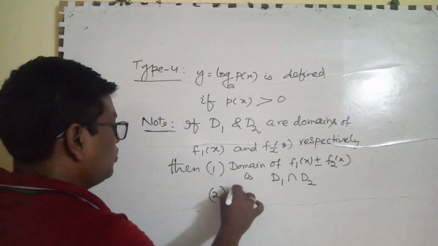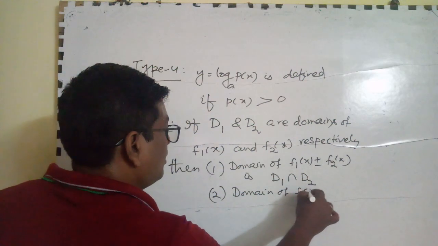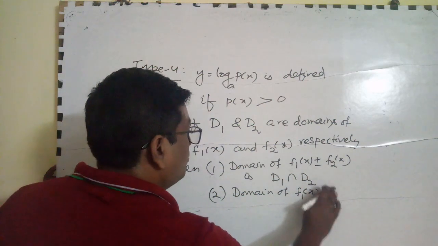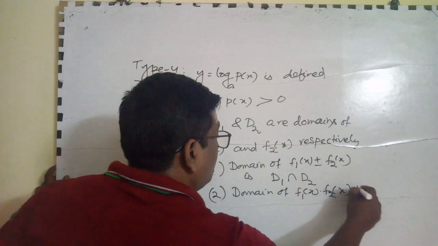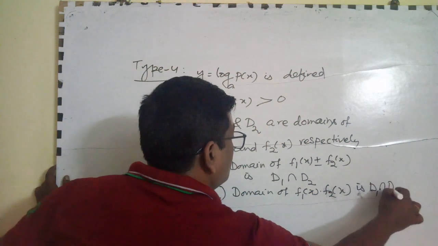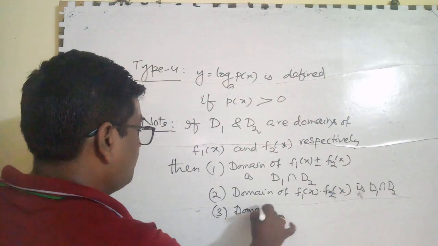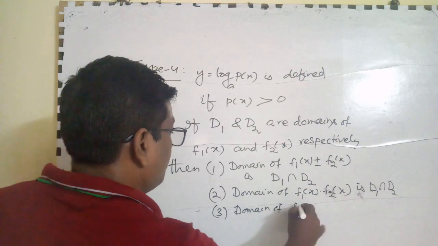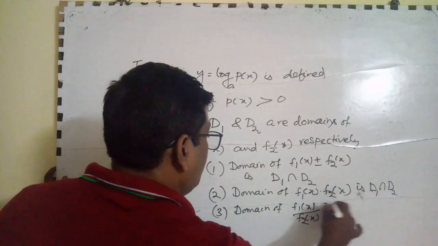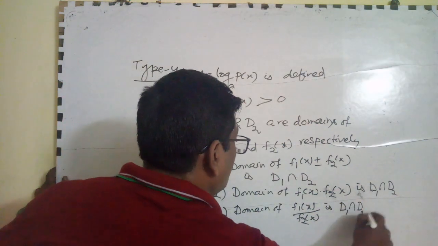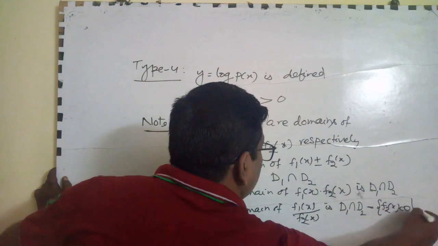Number 2, domain of f1x into f2x is D1 intersection D2. Number 3, domain of f1x by f2x is D1 intersection D2 minus the points where f2x is equal to 0.